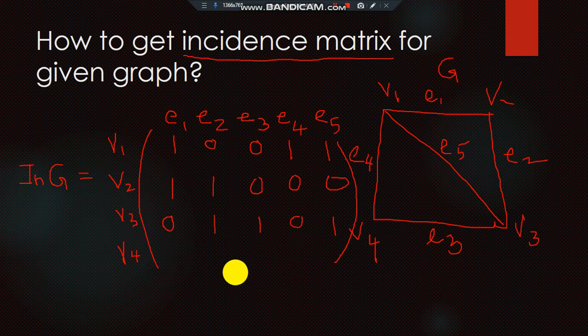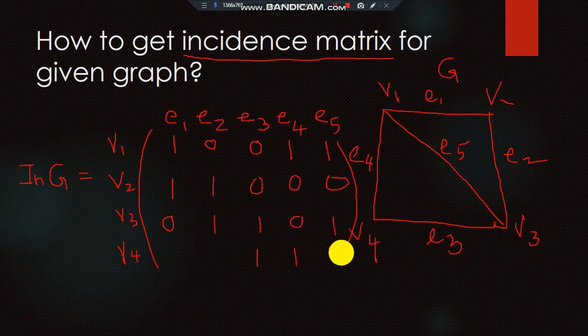Now V4. Now come to this particular vertex. Only 2 edges are incident on V4. One is E4, another one is E3. E3 is incident on V4, therefore we have to put 1. E4 is incident on V4, therefore we have to put 1 here.